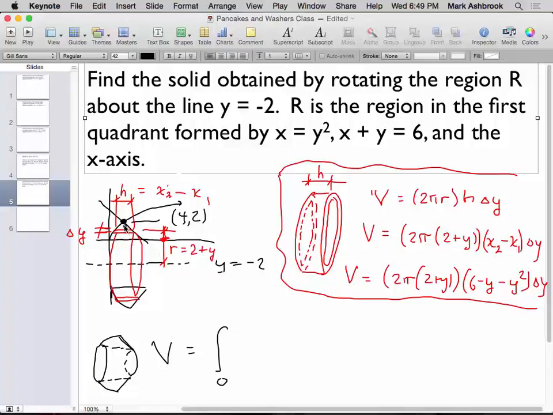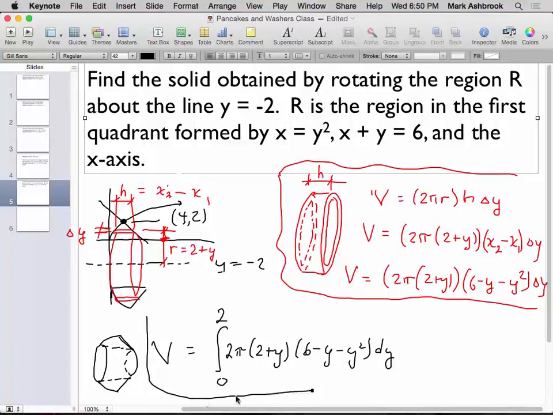So the last shell has the greatest radius and the least height, at y equals 2, and it's around all the rest. It'll be 2 pi, 2 plus y, 6 minus y squared, dy. Then we multiply this out. You'd have 6 terms, combine like terms, and it'll be just a cubic polynomial.